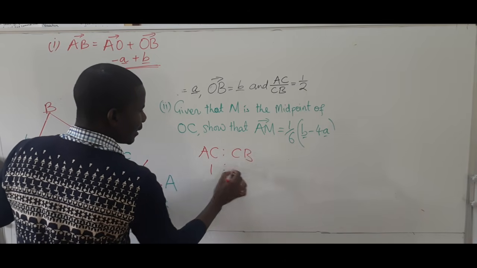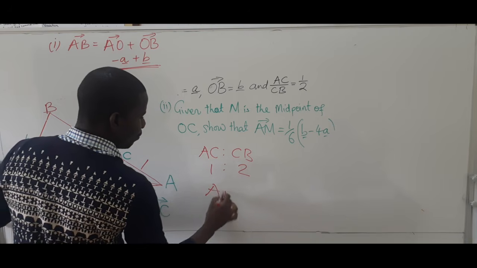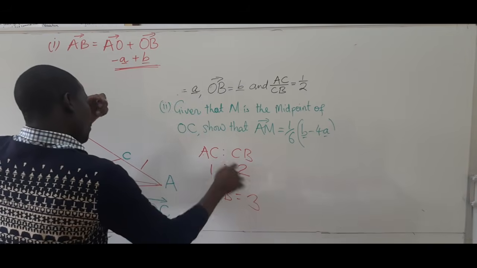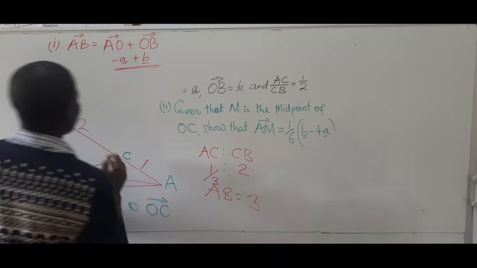This is 1 and this is 2. Then the total from A to B is supposed to be 3, isn't it? So in terms of fraction, AC is 1 over 3 of AB.